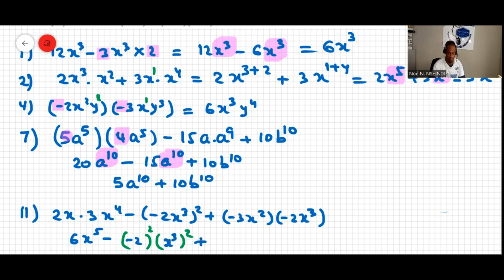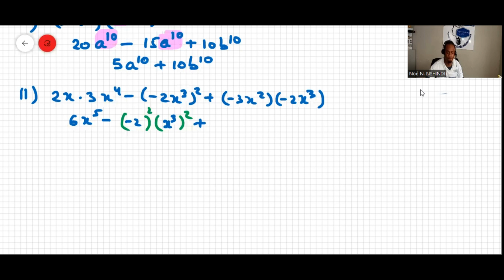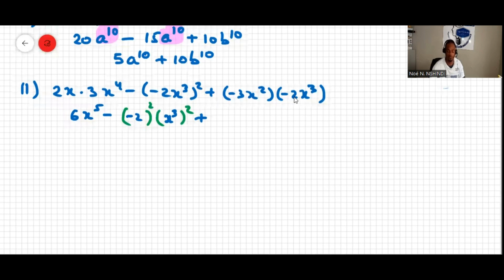Okay, plus negative 3x squared, and then okay, let's just move this a bit up there. Negative 3 times negative 2 will make positive 6, and then x squared and x cubed will make x to the power of 5. Okay, x to the power of 5.